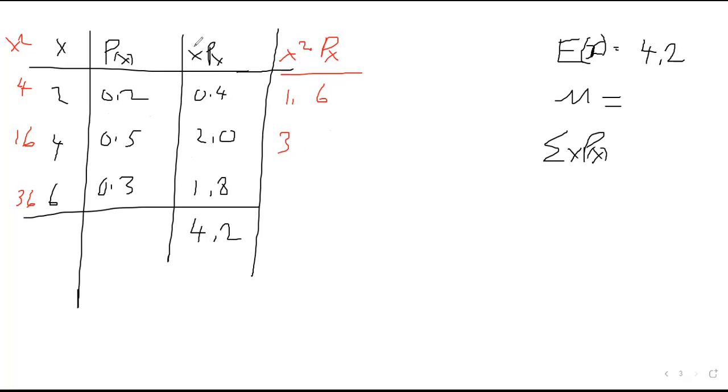So 4 times 0.2, what do we get? 0.8. 16 times 0.5, what do we get? 8.0. Then 36 times 0.3, what do we get? 10.8.